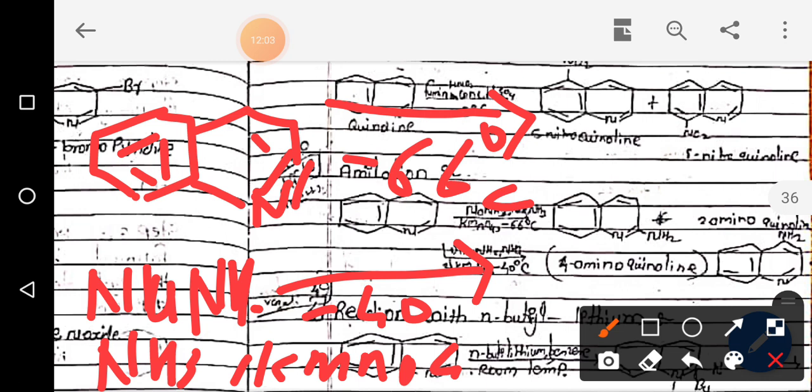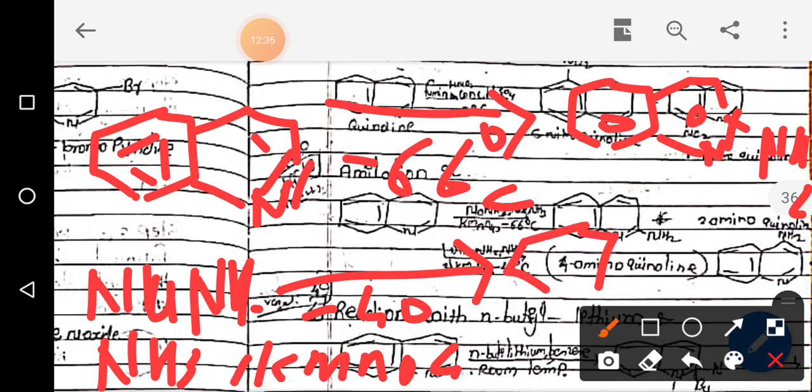So we will get two different products. When the temperature is minus 66 degrees centigrade, the product formed has NH2 at position 2. In the case of the second reaction, at minus 40 degrees centigrade, the product has NH2 at position number 4.